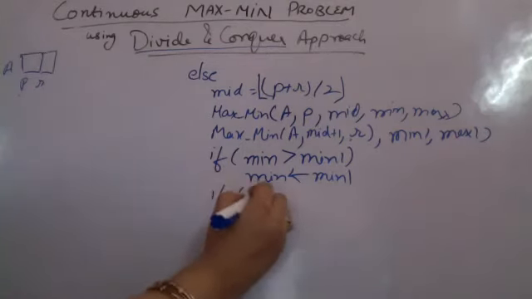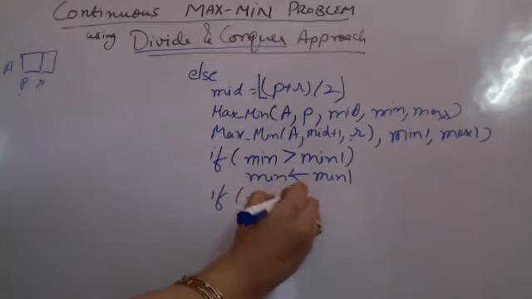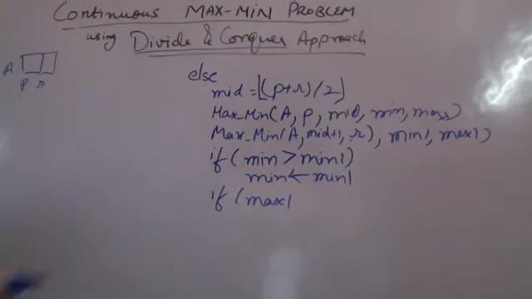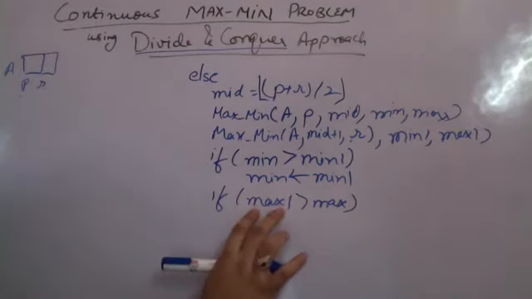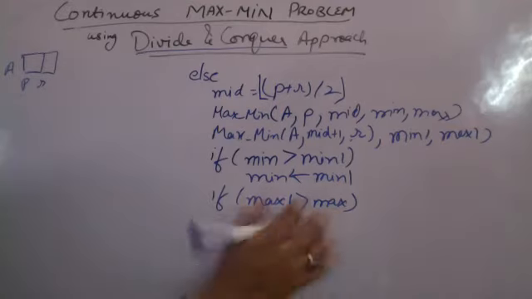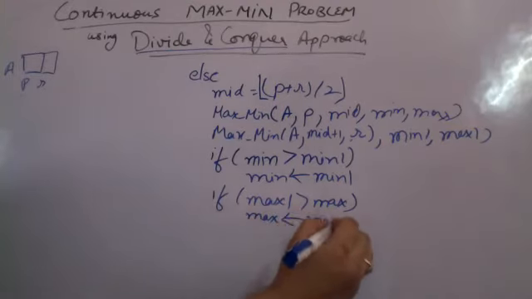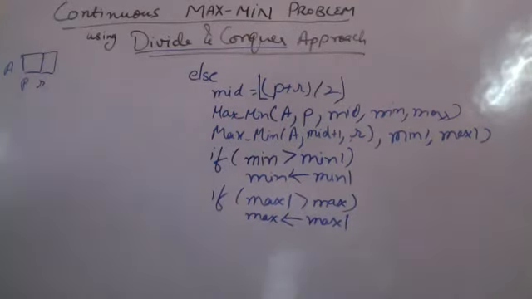For maximum also I need to check if maximum is greater than max. If maximum for the second list is greater than the maximum for the first list, then max value has to be made equal to the second list value.